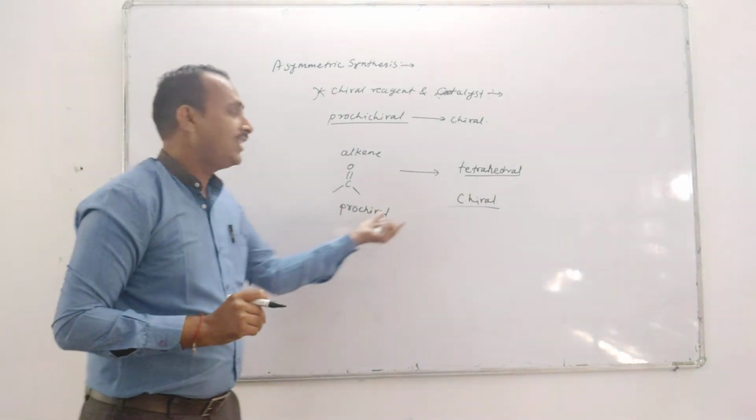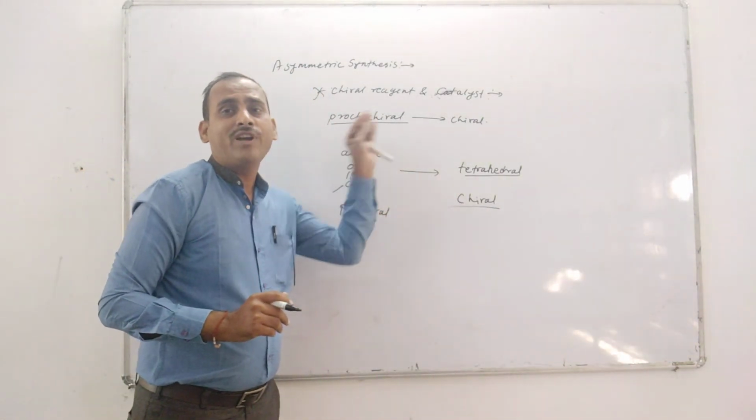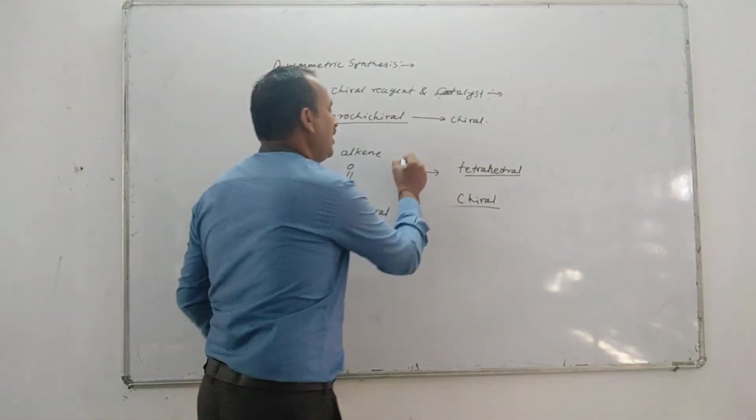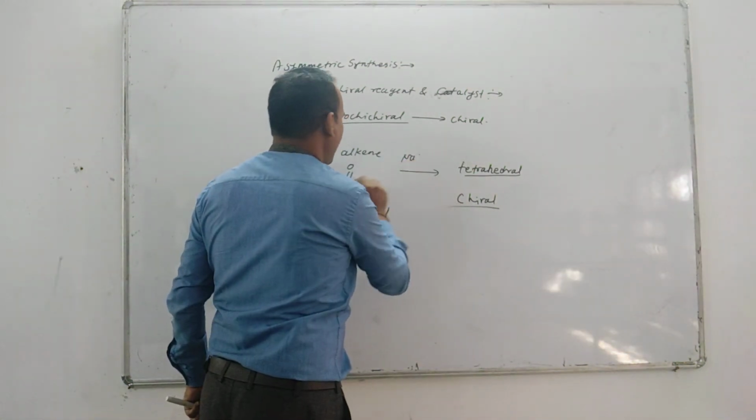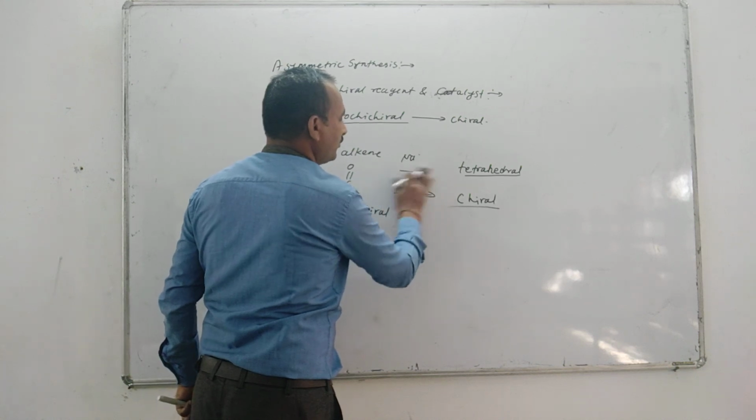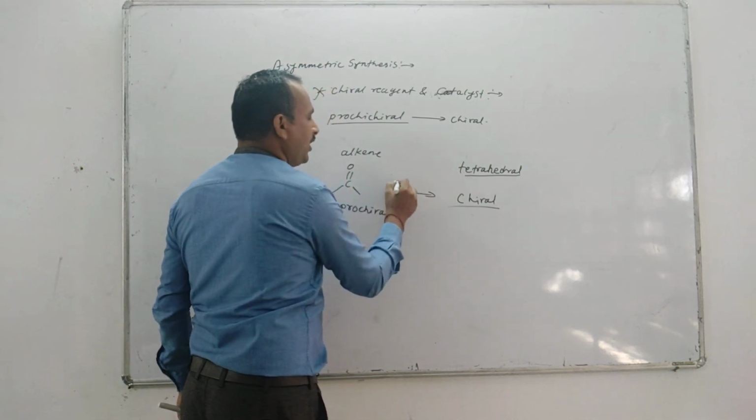So this is prochiral and this is chiral. This cannot be converted directly by using something like sodium hydride on carbonyl compounds.